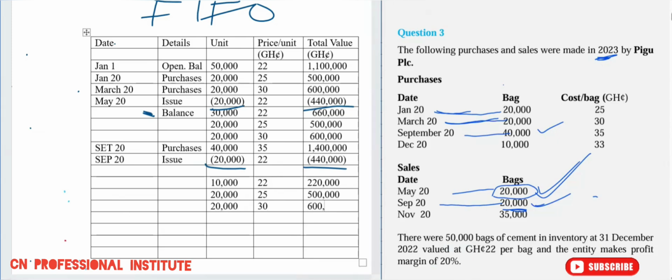And then the 40,000 at 35, that one too, we've not sold. So it's also a balance, 1,400,000. So these are our balances: 10,000 at 22, 20 at 25, 20 at 30, and then 40 at 35.